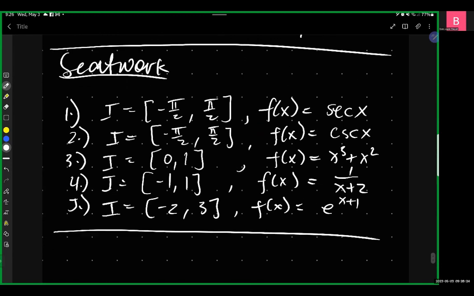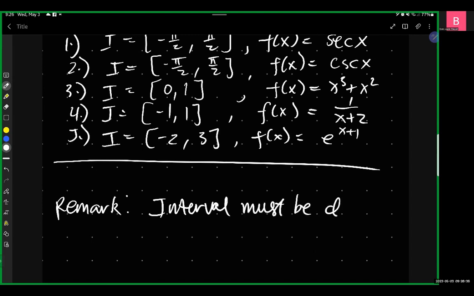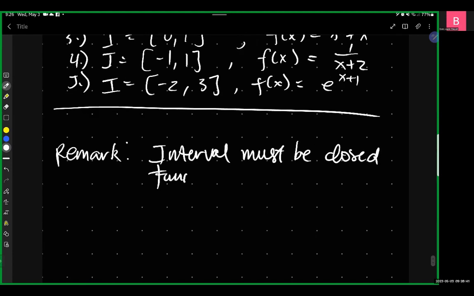Okay? So let me just remark on the following. It is an important requirement that the interval must be closed. Okay? And that the function that we are considering must be continuous.